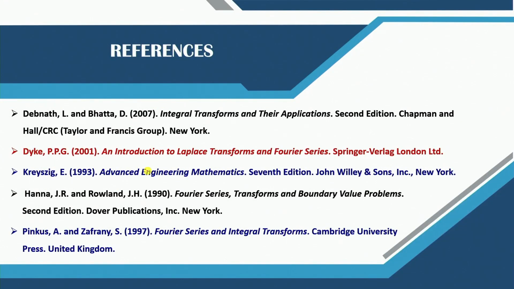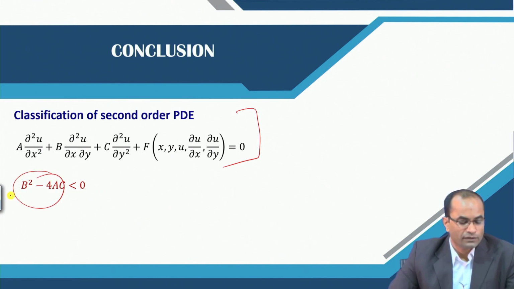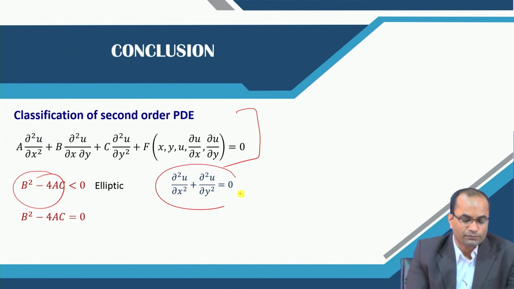These are the references we have used for preparing this lecture. Just to conclude, for second order partial differential equations, we have discussed the classification based on the value of the discriminant. If it is negative, the equation is called elliptic, and the example was the Laplace equation.